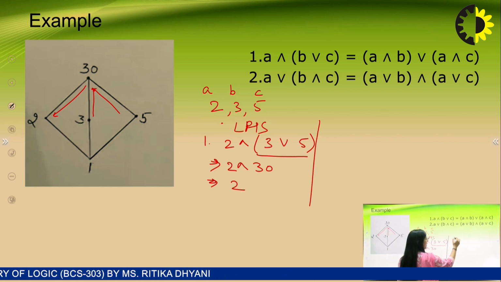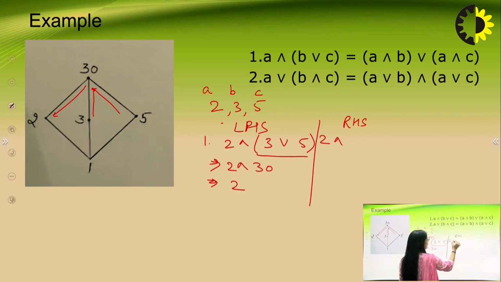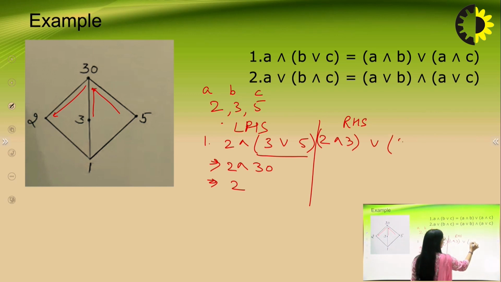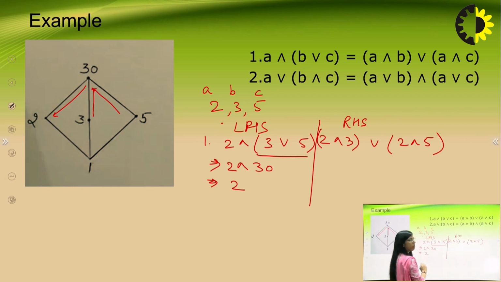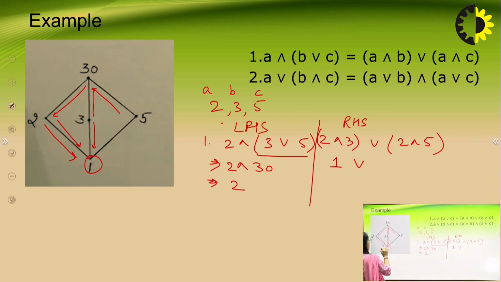If we take the RHS, then (2 meet 3) join (2 meet 5). Here 2 meet 3 means we need to move in the downward direction from both the elements. We will be reaching 1. Then 1 join (2 meet 5). From 2 we need to move downward, and from 5 we need to move downward.